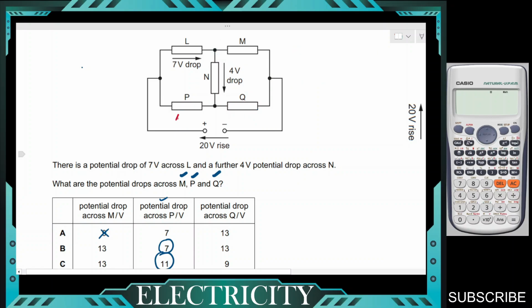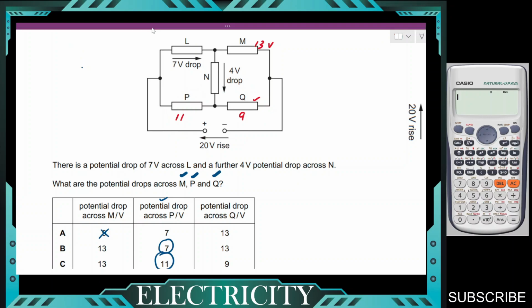And I say the potential across P is 11. Then the sum of these two has to be 20 once again. So the potential over here would be 9. And over here we found already it was 13 volts. Now if you see the difference of these two, only then you'll get 4 volts between these.